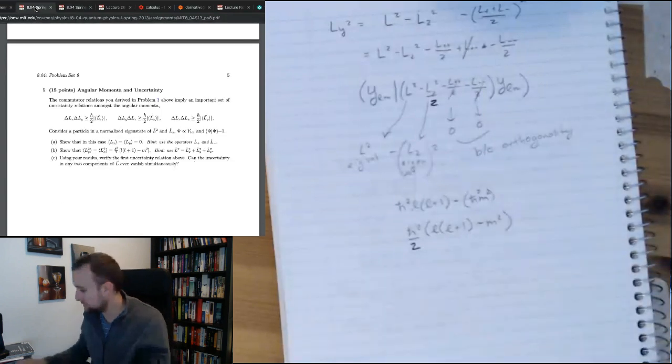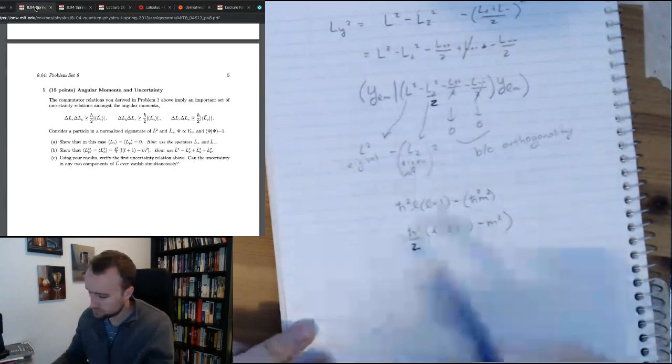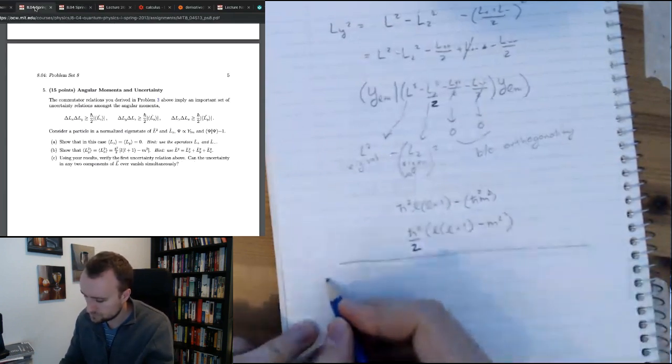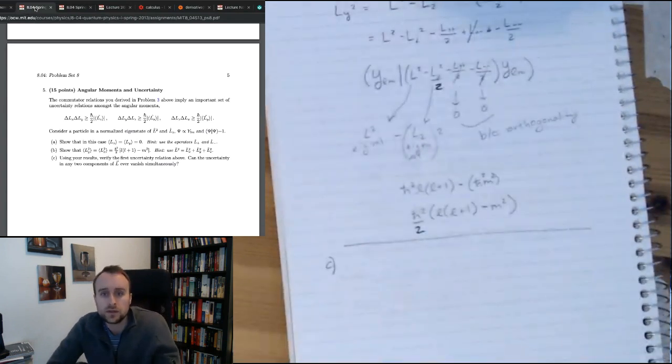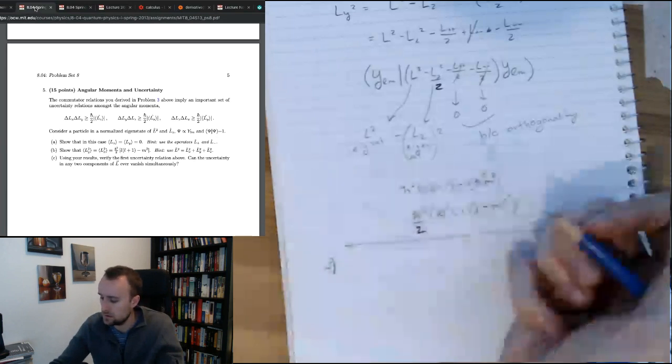So C. Using your results, verify the first uncertainty relation above. Can the uncertainty in any two components of L ever vanish simultaneously?